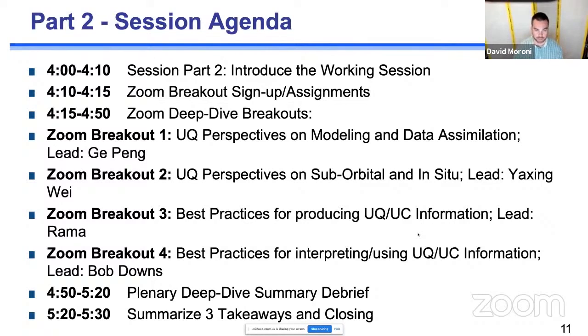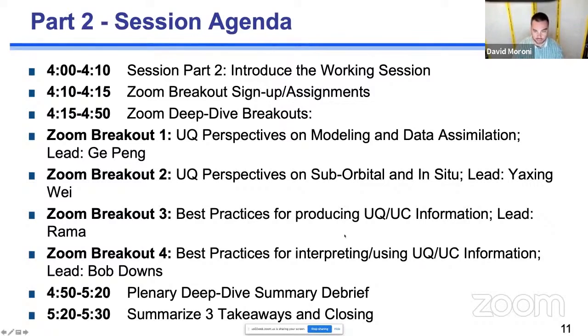I'm going to introduce what each perspective will be talking about, and if one piques your interest, change your name on Zoom by clicking on the participants box and clicking on your name, and add the number of the room that corresponds to the one you want. You'll see others have already done that, so if you could follow that same format, that'll make it easy for Dan on the back end to assign us to those rooms in a timely manner.